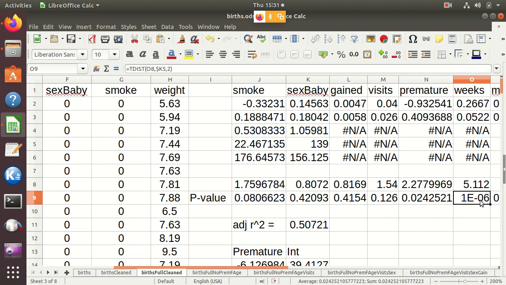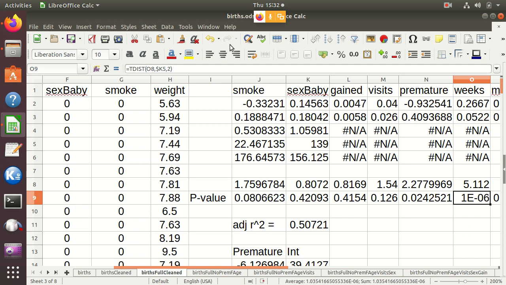But notice weeks was 10 to the negative sixth. And they're really one and the same thing, right? Weeks tells me the same information, actually more information than premature. So that's where this is not an exact algorithmic thing. You don't just say, oh, the p-value is big, get rid of it; the p-value is small, keep it. No, because there's also the covariance aspect.